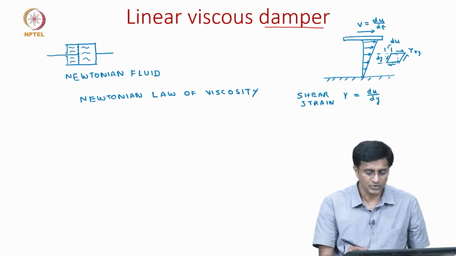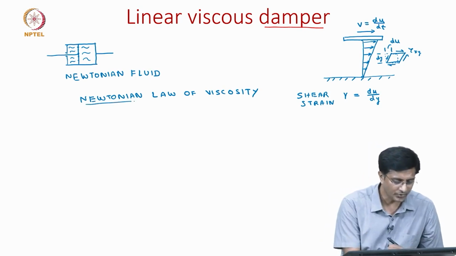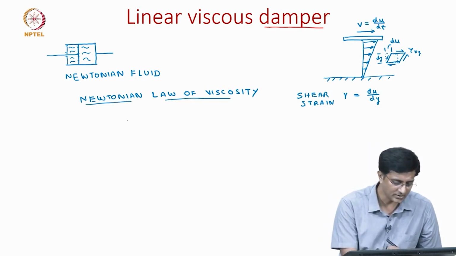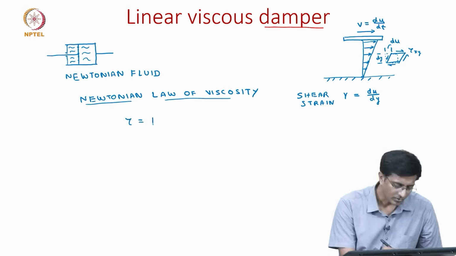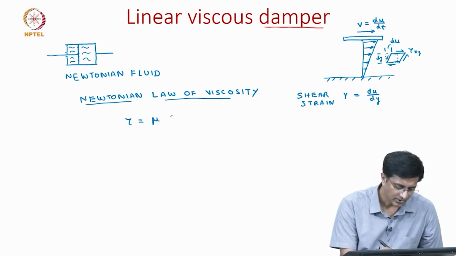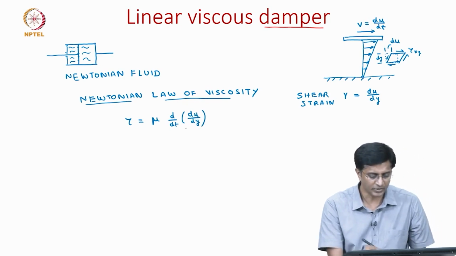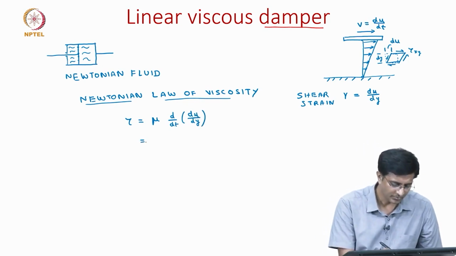Now, coming back to the Newtonian law of viscosity, what it says is the shear stress tau is given as viscosity mu times the time derivative of du by dy. What is du by dy? It is simply the shear strain gamma.